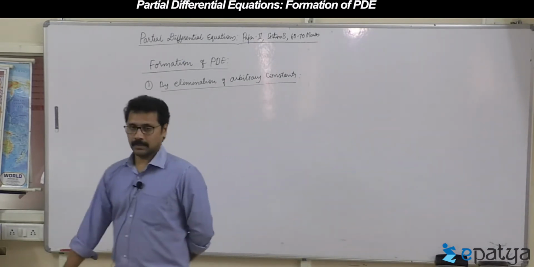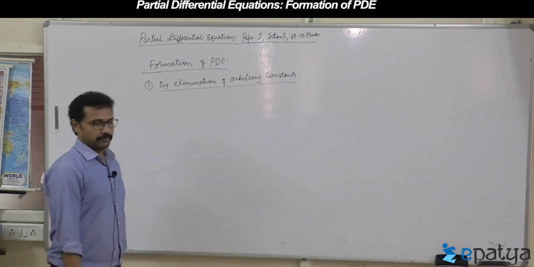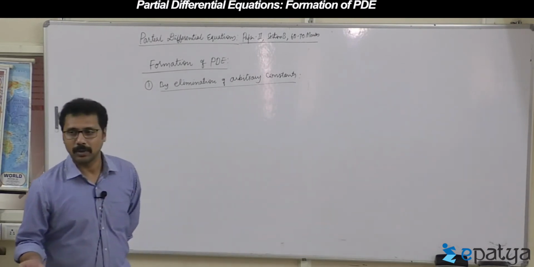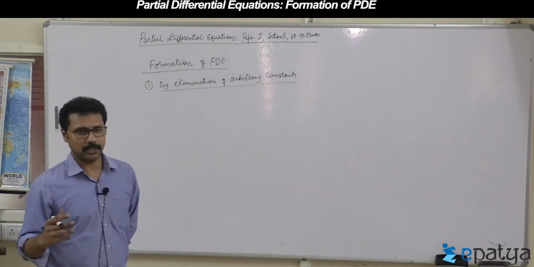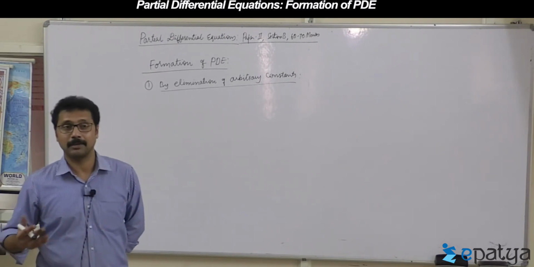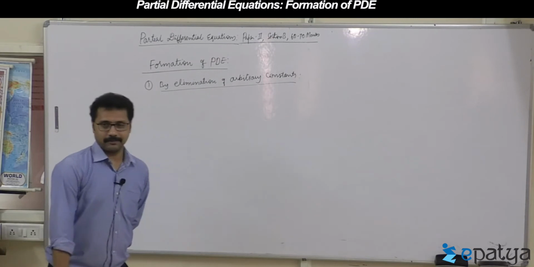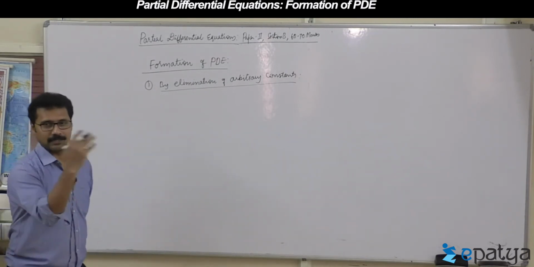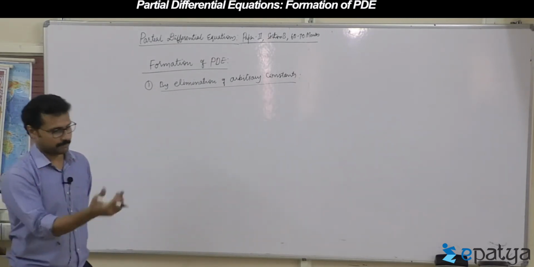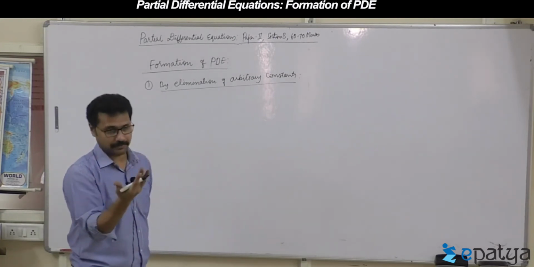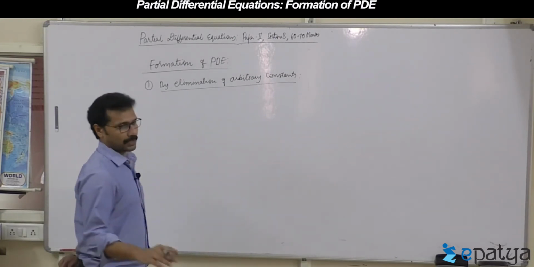Now, just listen to me for a while, because everyone knows how to form an ordinary differential equation. Elimination of arbitrary constants from the family of curves gives ordinary differential equations, where the family of curves means plane curves. When it comes to PDEs, it is all about surfaces, and you have more than one independent variable.